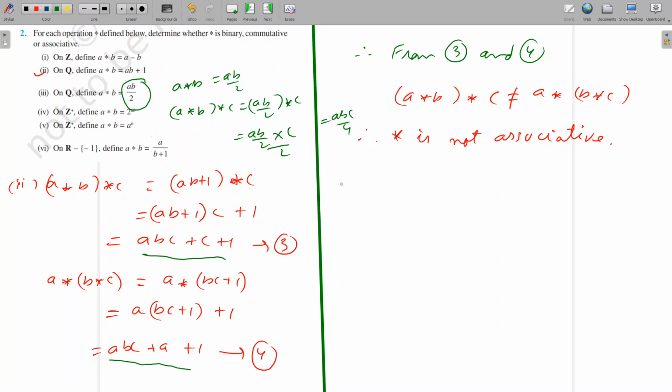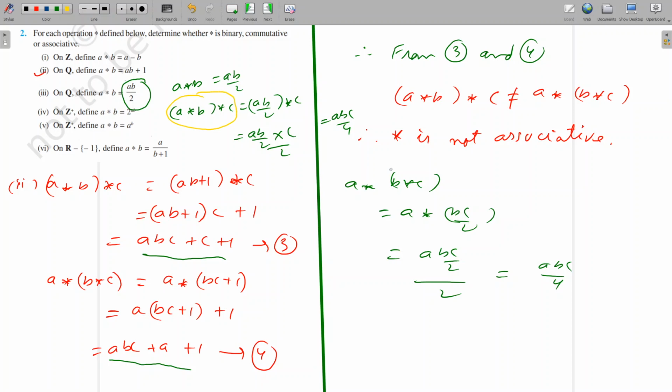And same way, if you find A star (B star C), that will give us A star BC by 2, and operating this we will get ABC by 2 over 2, so that will be ABC by 4. And therefore we can see that (A star B) star C will be same as A star (B star C).